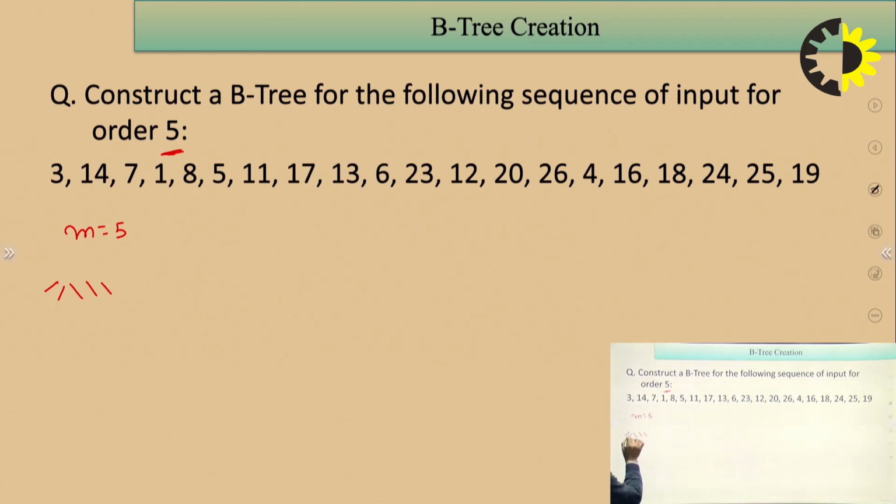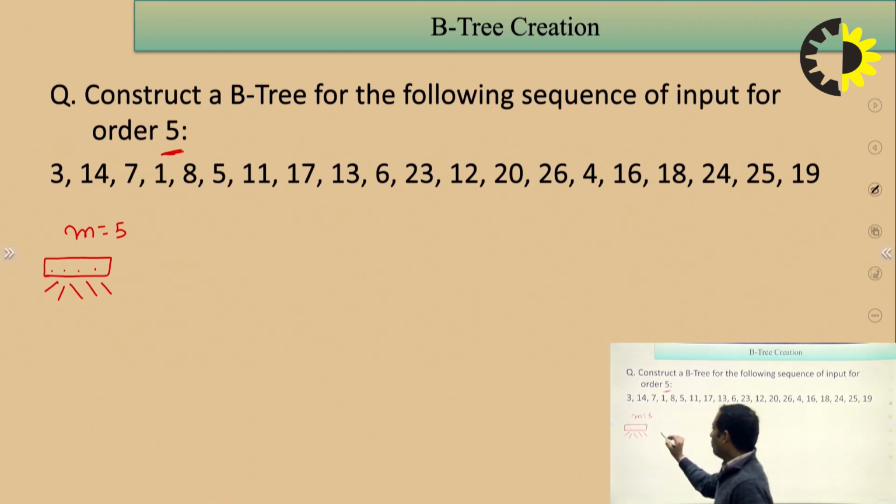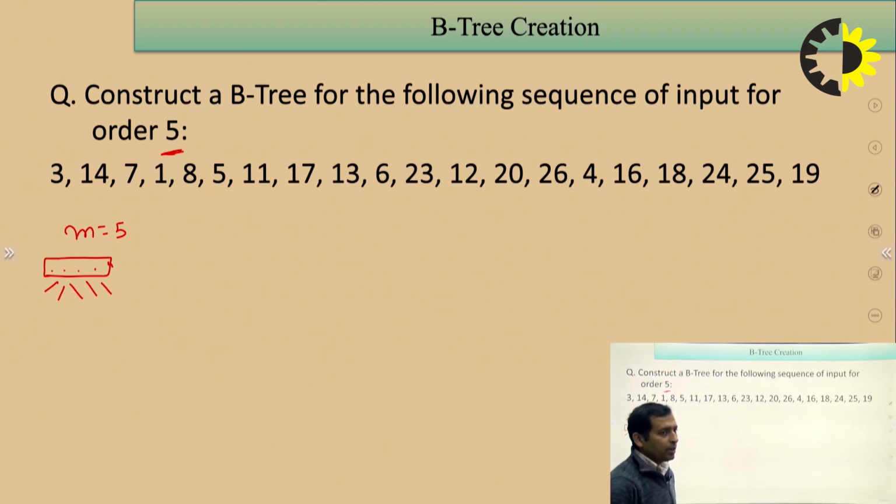So how many key values may there be? The maximum key values for a particular node is M minus 1, that is 5 minus 1, 4 keys, meaning a node can have a maximum of 4 key values. Keeping this scenario in mind, we will start creating the B tree.